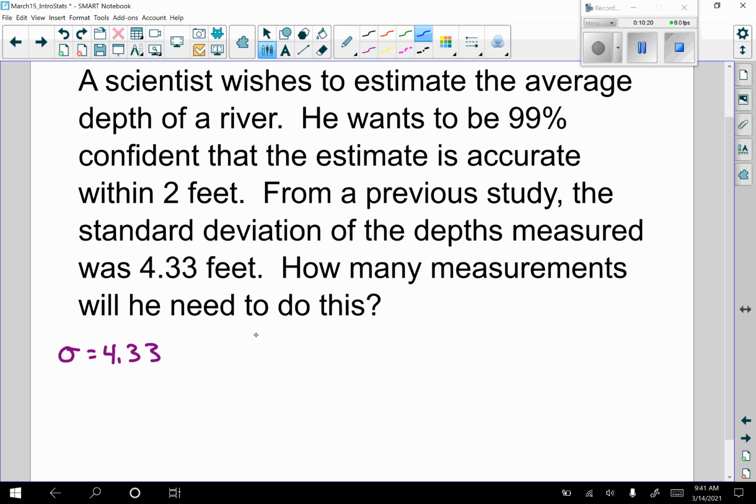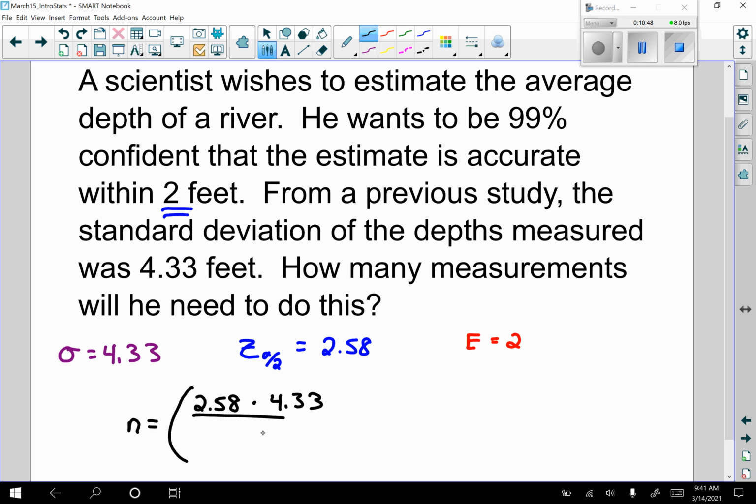99% confidence means our z sub alpha over 2, as you recall we already calculated this, is 2.58. And then this 2 feet, that's the E. So now we could say our sample size n is equal to our z sub alpha over 2, so 2.58, times our standard deviation here, 4.33, divided by 2, and then we square it.